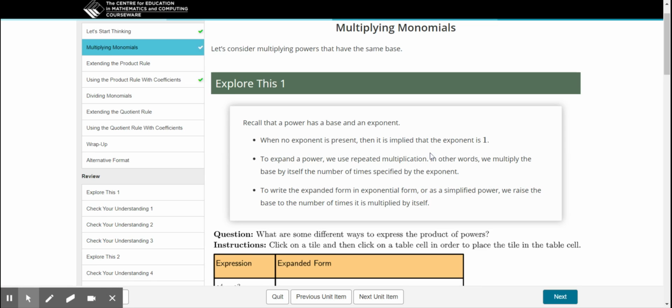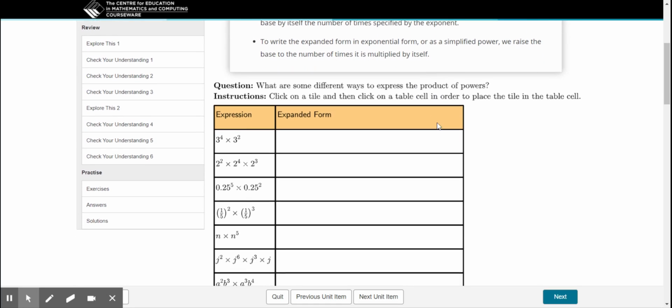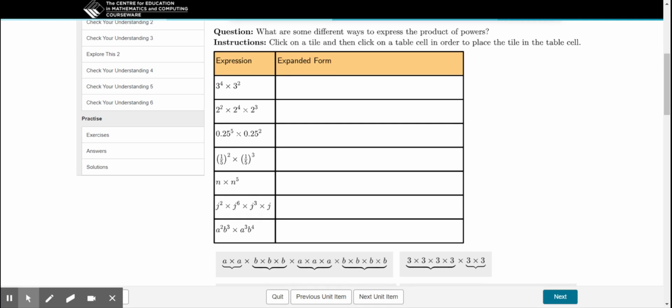So the next step is this. You're going to do a little interactive activity. You will come to this page, and you're going to allow the teacher to pause the video, and then you're going to work on this very friendly exercise. It's just to review exponential and expanded form. We have here, for example, 3 to the exponent 4 multiplied by 3 squared.